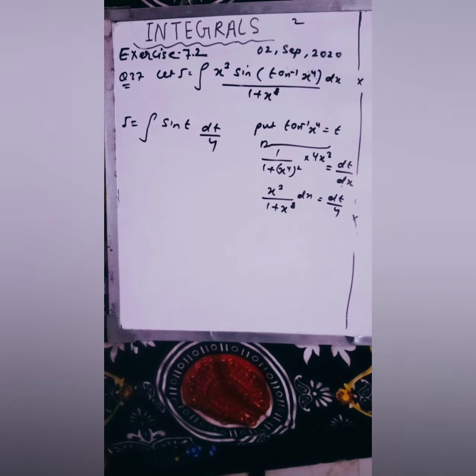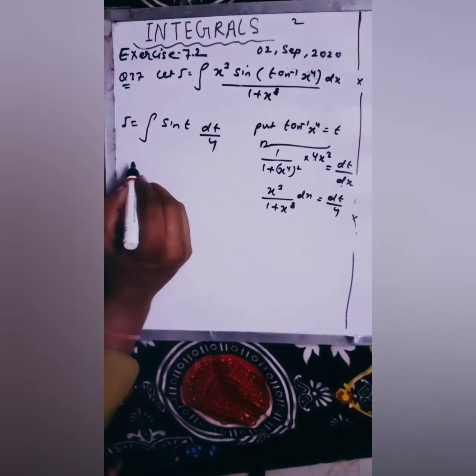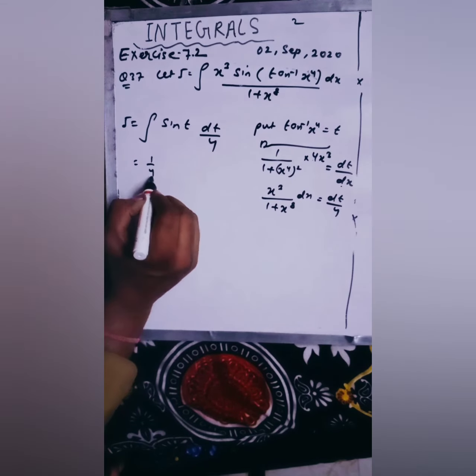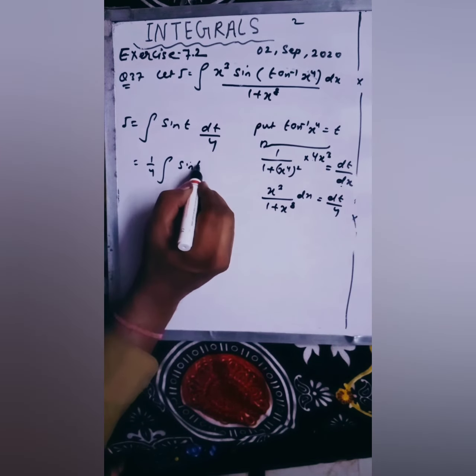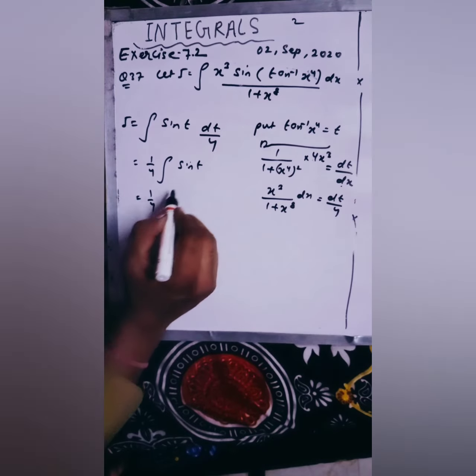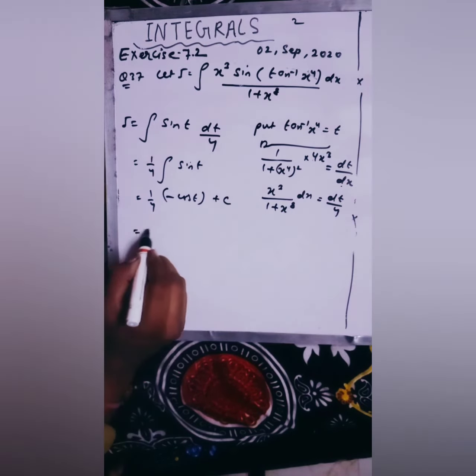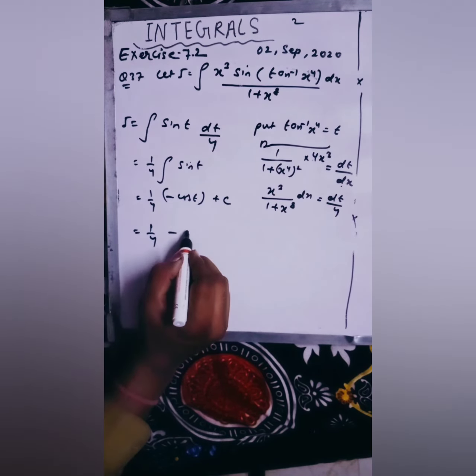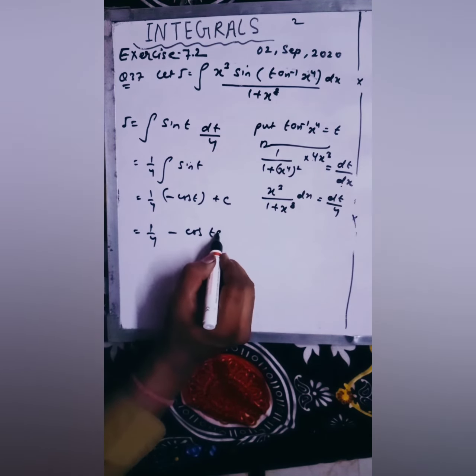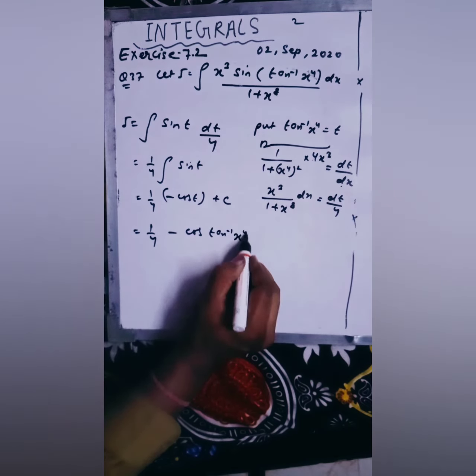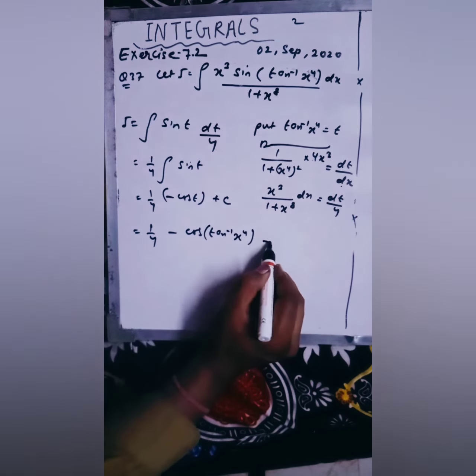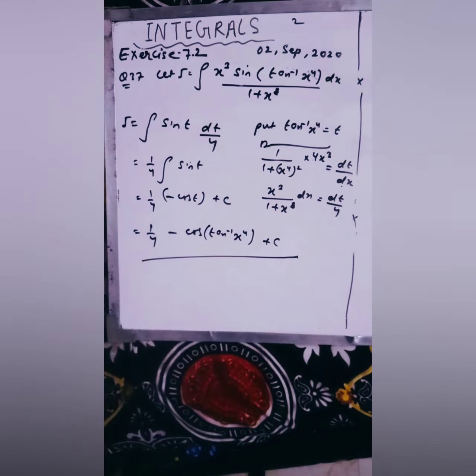Got it? So just now you can simply integrate this, and you will get minus cos t plus c. So 1 upon 4 minus cos tan inverse x raised to power 4 plus c. So this is the required integral.